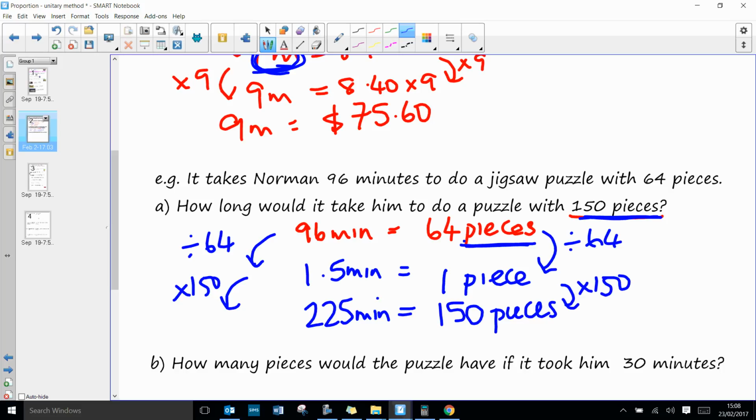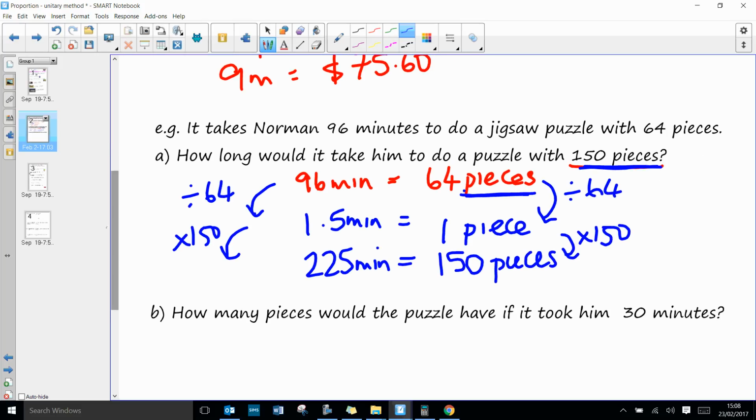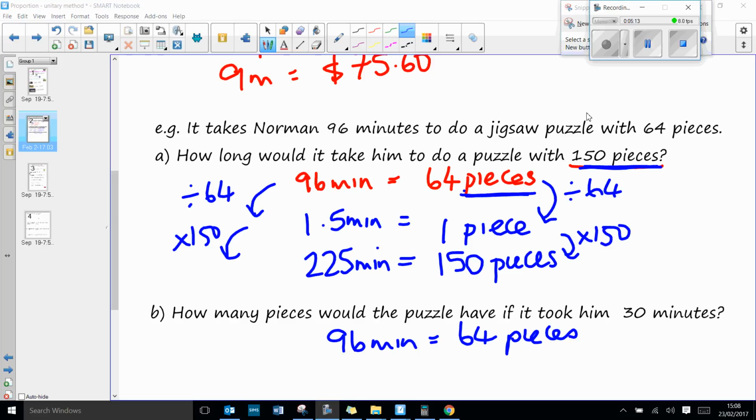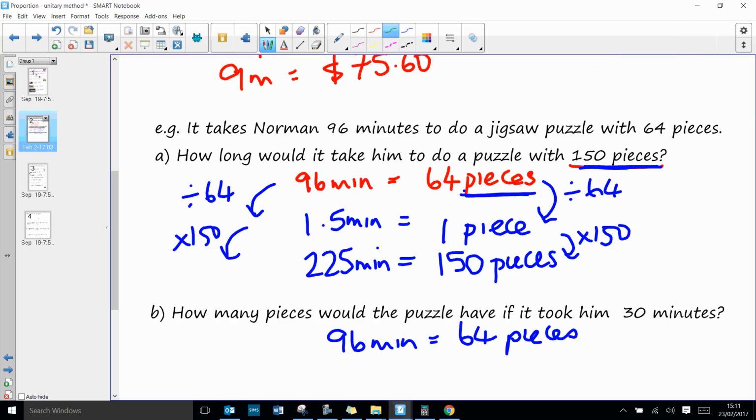Now this is part B, so it's the same initial problem: 96 minutes, 64 pieces. This time we're looking at a question asking about 30 minutes.